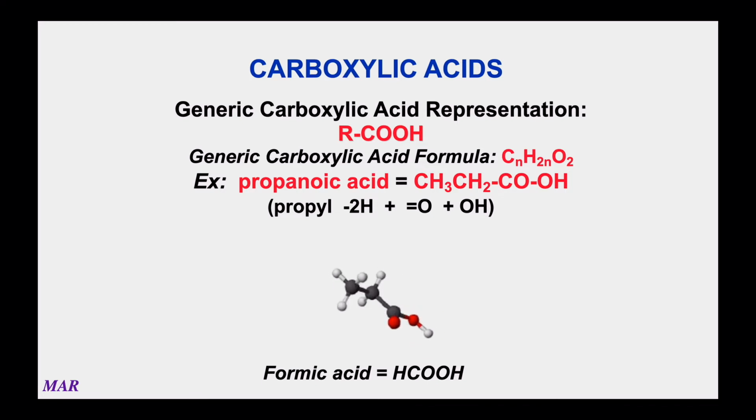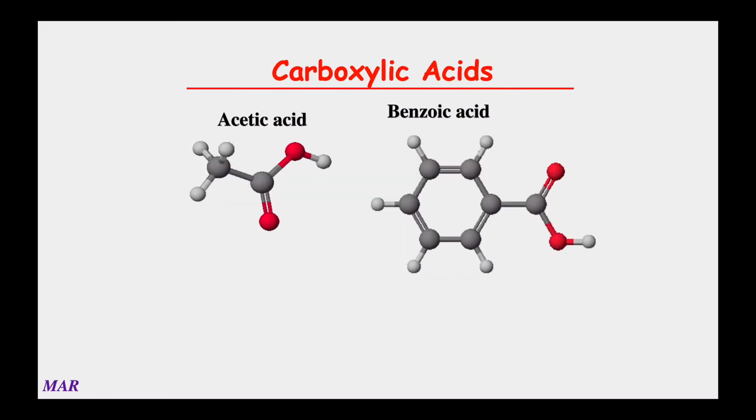Formic acid is the simplest carboxylic acid, where you have just a hydrogen next to the COOH. Acetic acid is a compound we've run into here and there, and it's related to the acetate polyatomic ion. And maybe now you can see why it's listed so many ways.